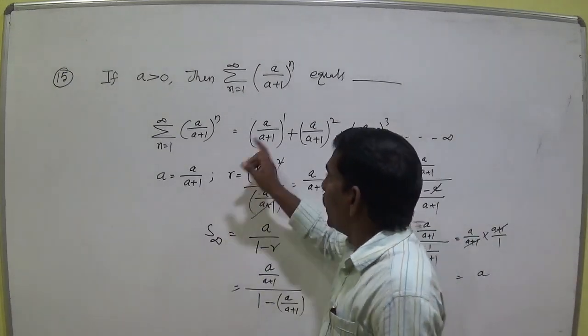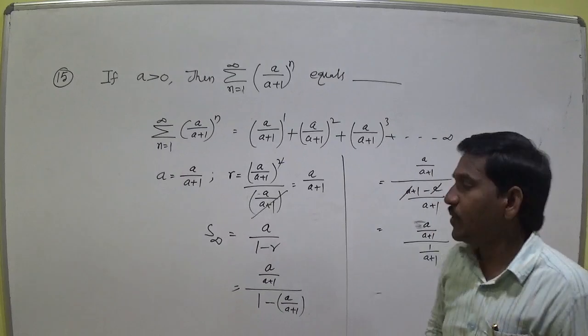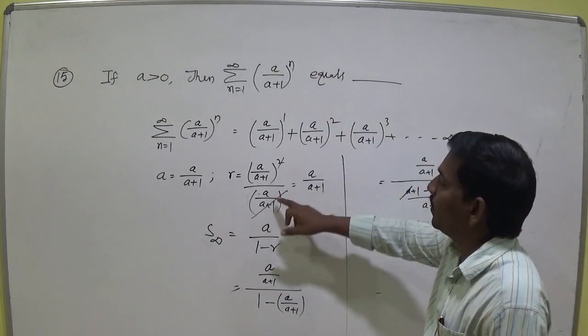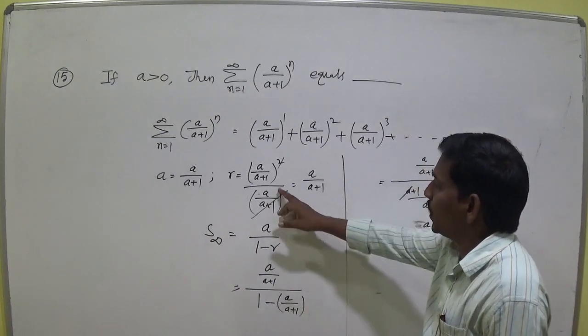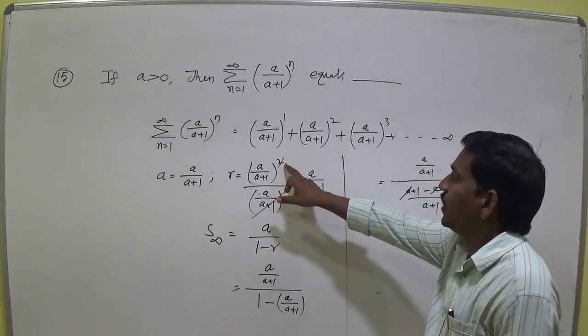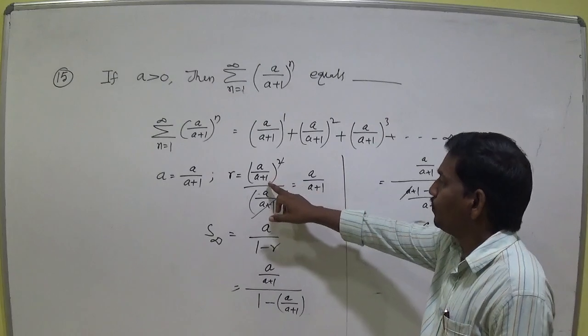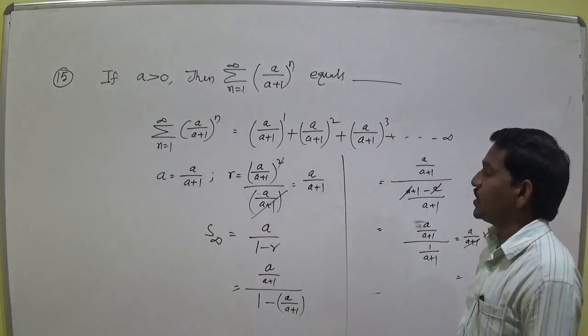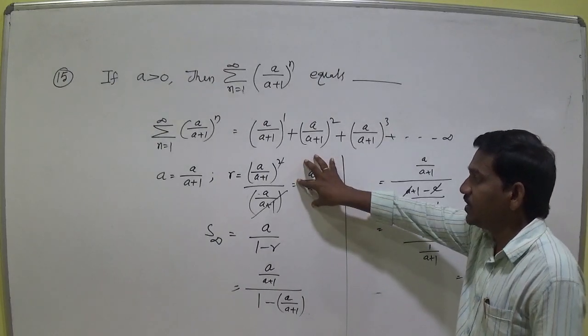And here a equal to a by a plus 1, and r equal to a by a plus 1 whole square by a by a plus 1. So a by a plus 1 cancelling a by a plus 1 whole square one time, the remaining one is a by a plus 1. So a by a plus 1 is the r.